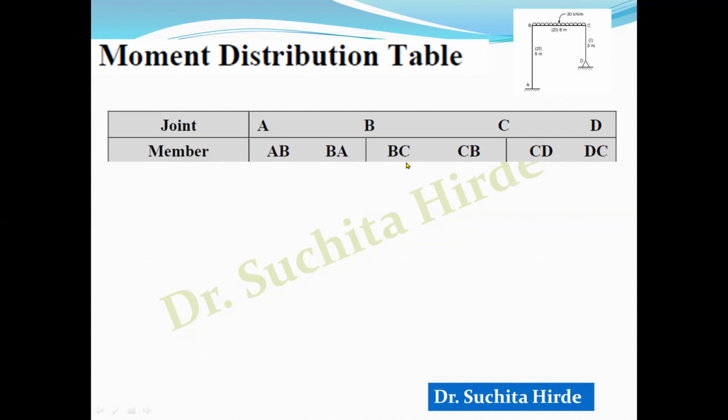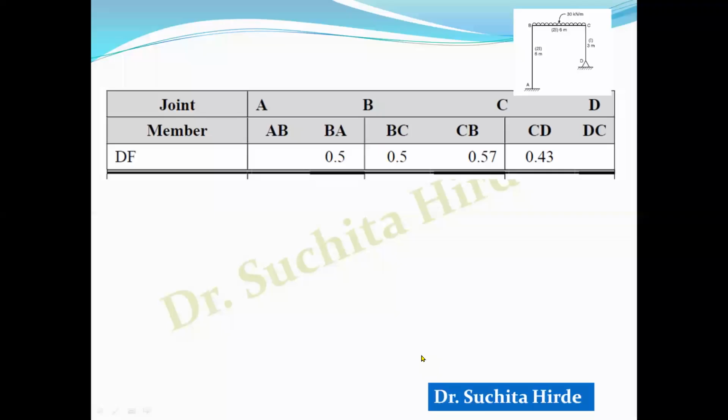While writing these members, for BC you have to write BC towards C and BA towards A. Similarly, at joint C, CB towards B and CD towards D. And at D, there is a member which is DC. After writing these members, we have to write the distribution factor. This distribution factor we have already calculated in tabular form.